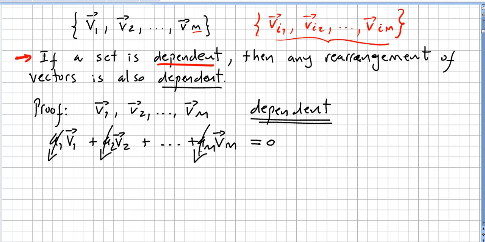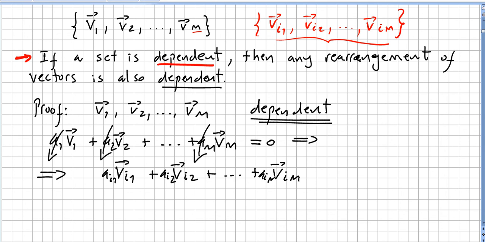But if this happens, then if I rearrange the vectors, like here, ai1 vi1 plus ai2 vi2, etc., plus aim vim, with the scalars ai1, ai2, aim, I will also get 0, where not all of these scalars will be 0.